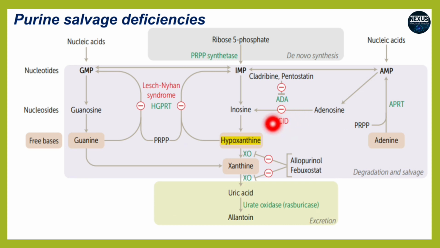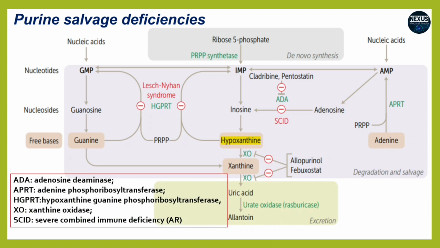So as they degrade, they give hypoxanthine and xanthine, right? And these pathways, as you can see, are mediated by the enzyme xanthine oxidase to give uric acid. And uric acid is converted to allantoin by urate oxidase, right?